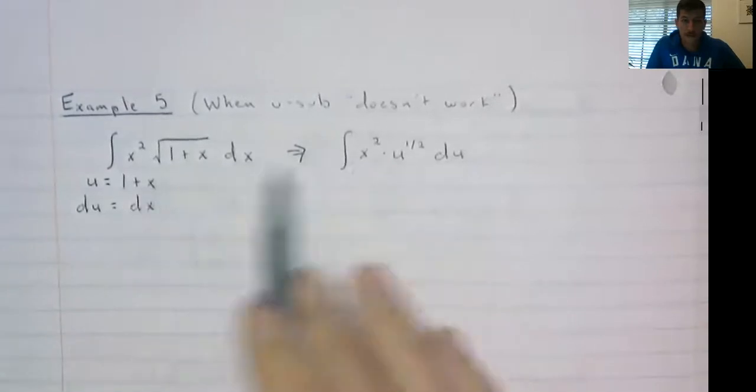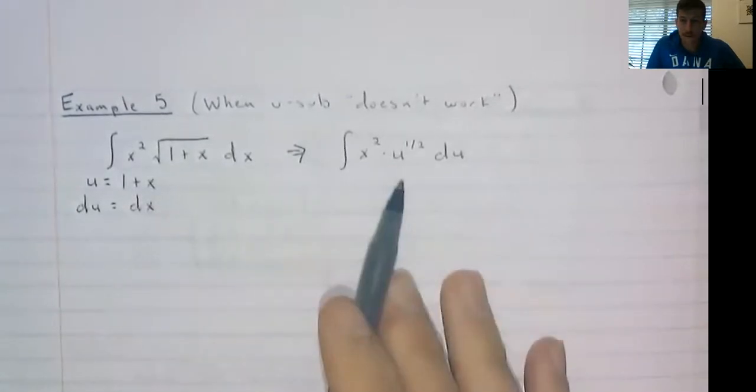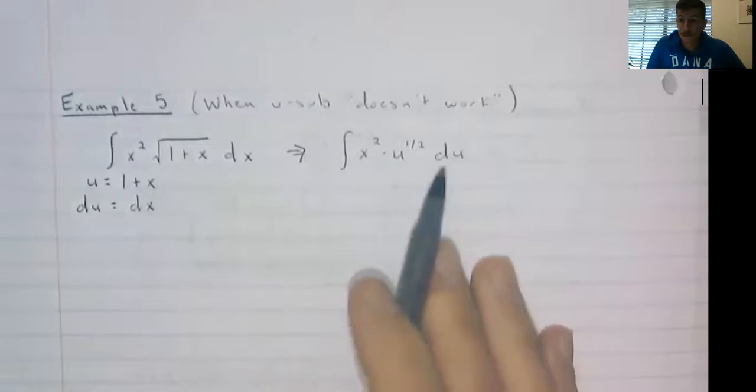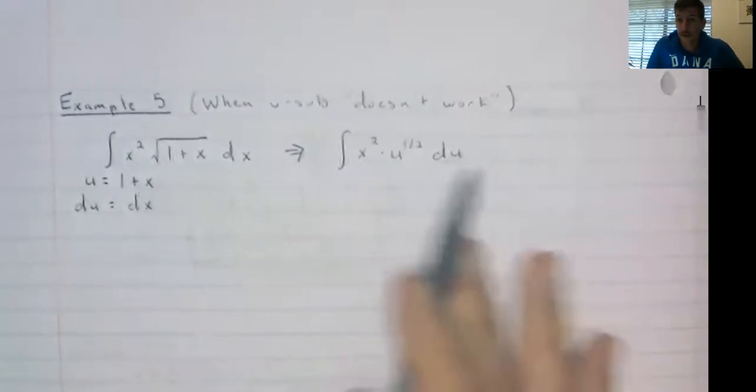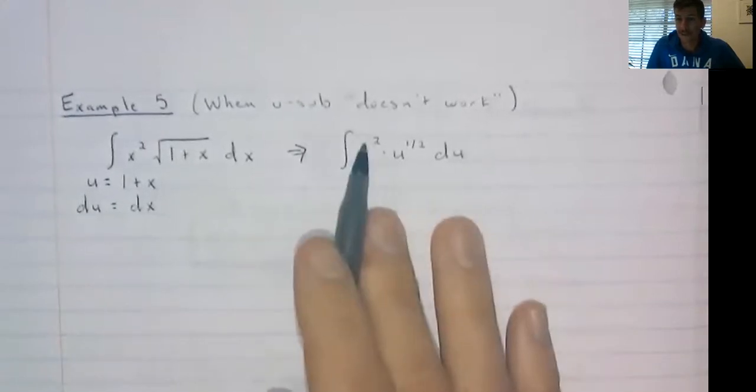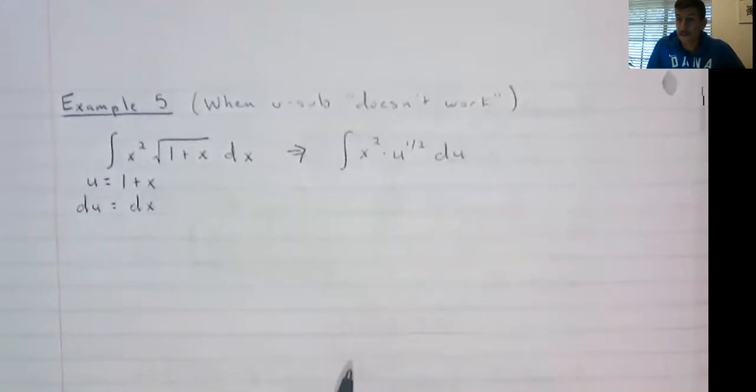Subbed in the u, subbed out the dx. But usually when we do this sub out of the dx, there's some other part of this expression that nicely cancels the remaining thing. That ain't happening here.